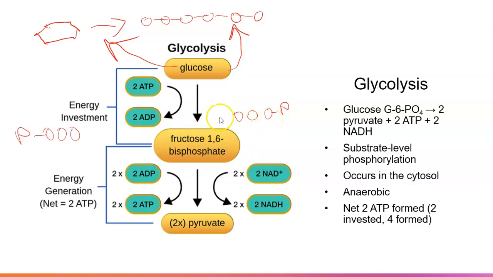Now, at this point, we have broken glucose down a little bit, but we still got to keep working. So we're going to continue to add enzymes to this reaction, and now we're going to continue breaking this down. All right, still with me? Okay, let's keep going.